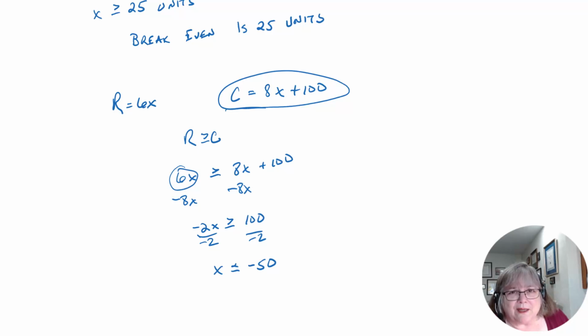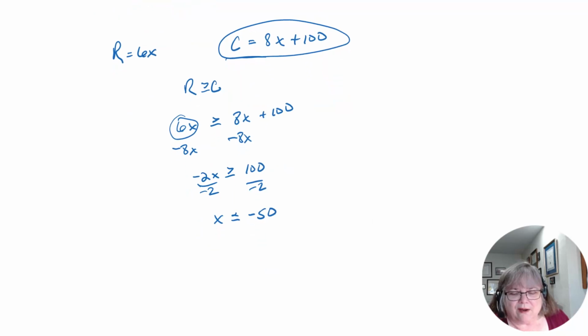You'll be losing money. So this says there is no time where you're going to break even or make enough to make a profit. So there is no solution, no break-even point. You should not make them at all. This is a no-win situation. So this would be a venture you wouldn't want to start up.